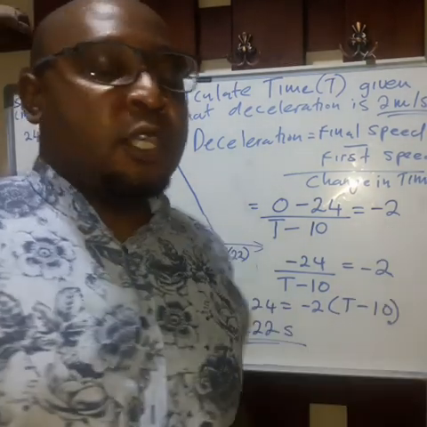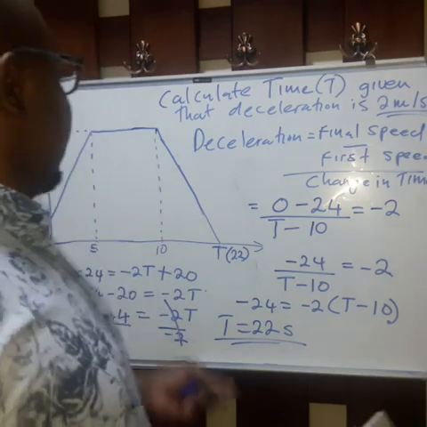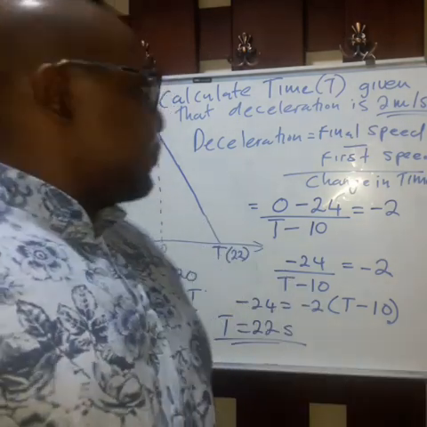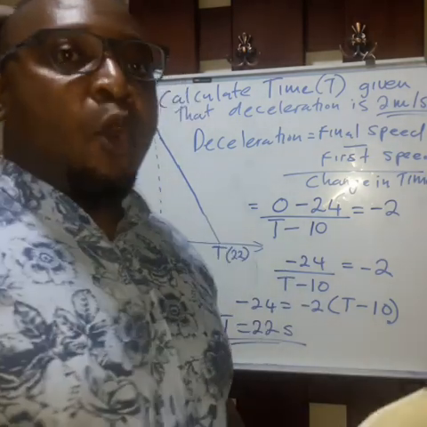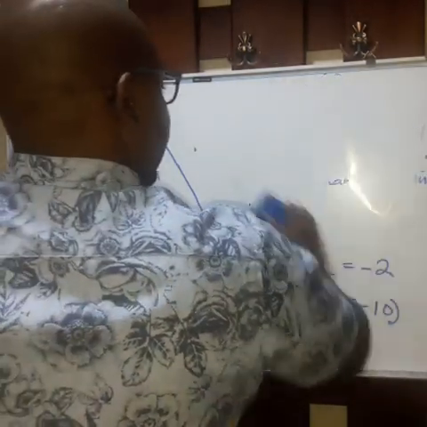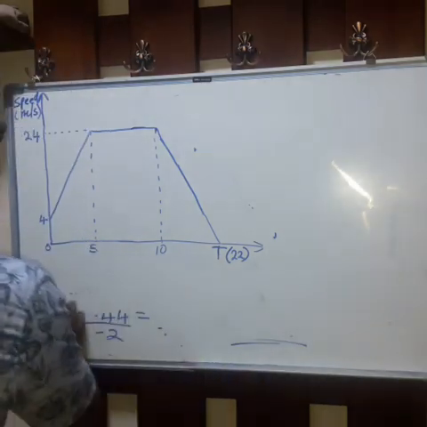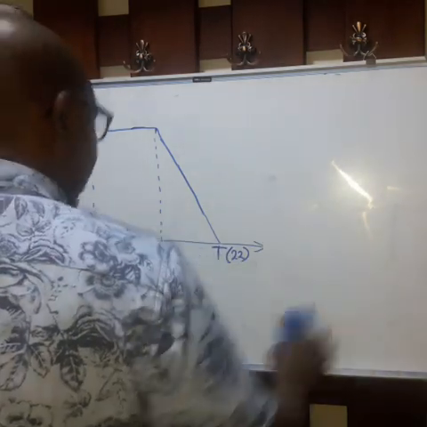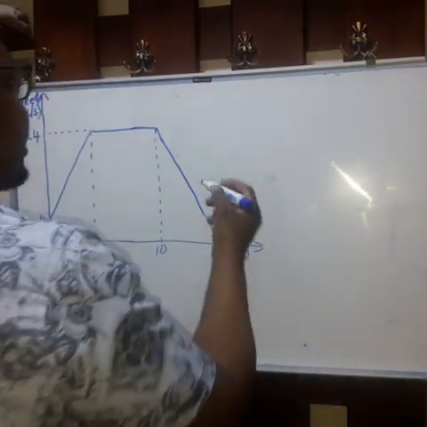So we now move to the third and final part. We need to calculate the total distance covered by the object, okay? We need to find the total distance covered by the object, right?